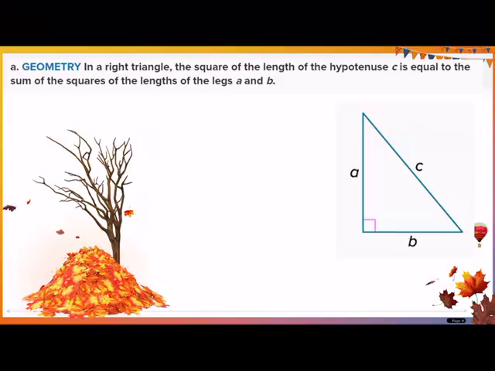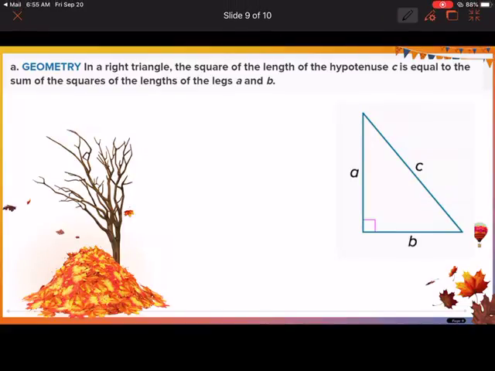In a right triangle, the square of the length of the hypotenuse, C, is equal to the sum of the squares of the length of the legs A and B. Now this is probably a formula that you know, but let's go through this. So the square of the hypotenuse C is equal.